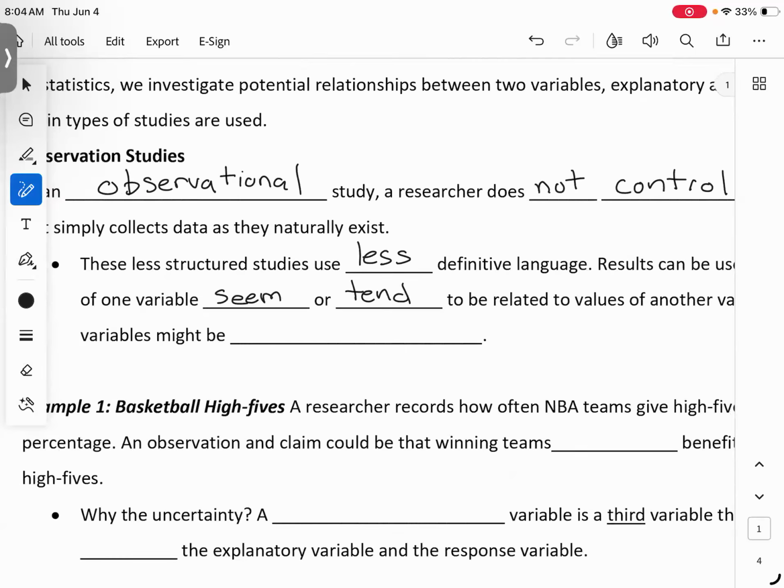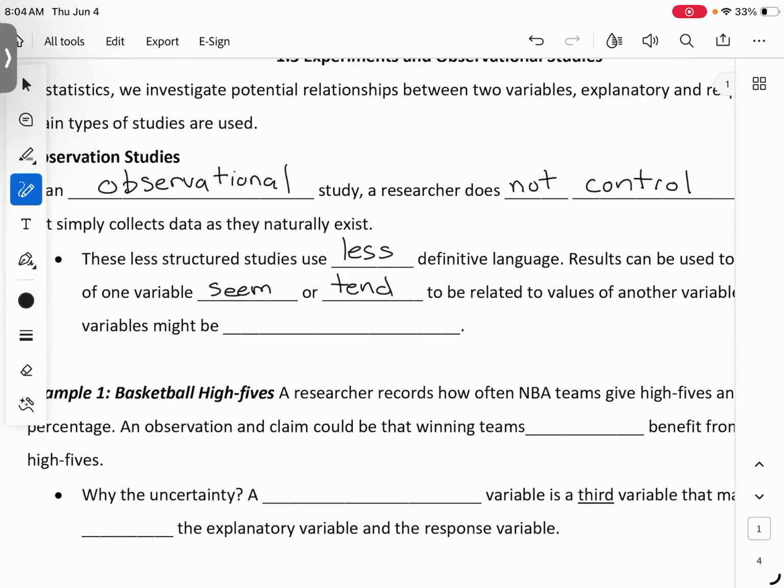For example, being an instructor, I have witnessed students, some do better, some do worse. It seems that whenever students have a more organized binder or they have an organized calendar that they use to manage their routine, they seem or tend to do better.